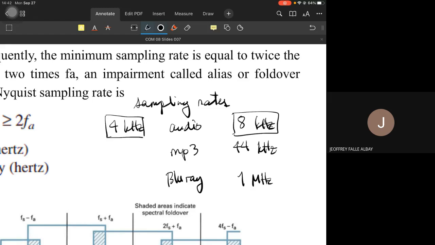Kay, again, ang sensitivity sa atong ears, much lower than that man. 8K ang fan, kay twice the highest gyapon, no? So, yeah, sakto. So, anything higher than that, 16K, 22K, even 44K, any changes, di na nato ma-notice.